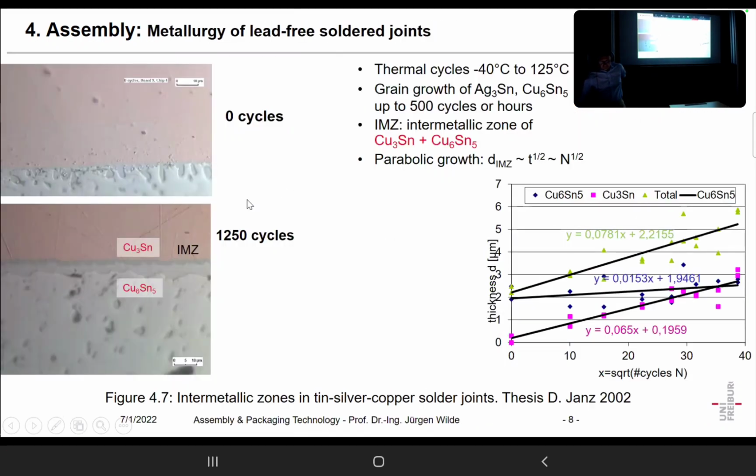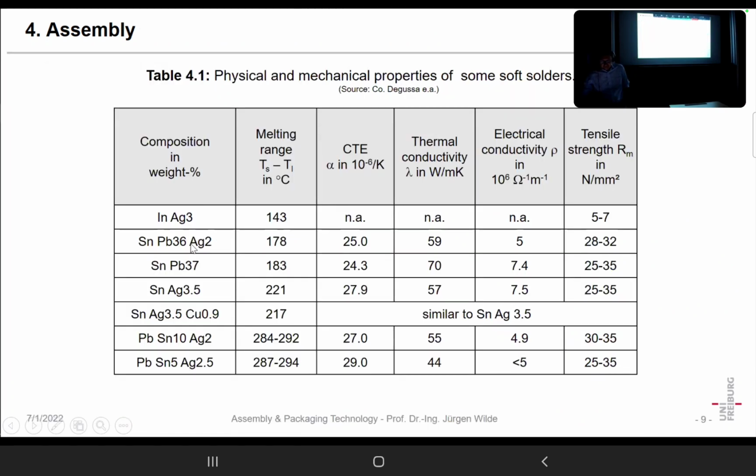So we have already seen the basis of soldering, that is wetting with a solder, and solder has a low melting point. And that's where we ended last time. That was different solders.